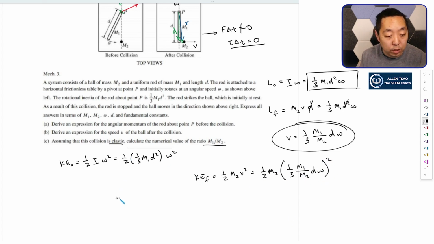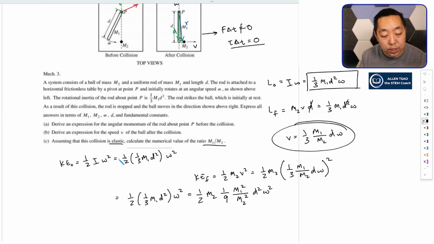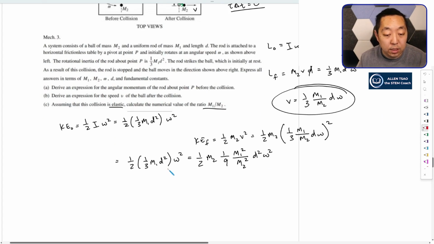So let's do a little bit of simplification. It's 1/2 1/3 m1 d squared times omega squared is equal to 1/2 m2. Let's just square everything in here. So it's going to be 1/9 m1 squared over m2 squared d squared omega squared. Okay, so we said the kinetic energies are equal to each other because that's what it means to be elastic, right?